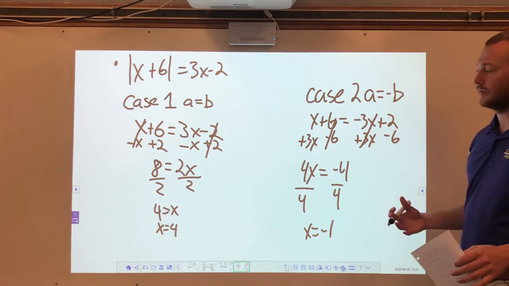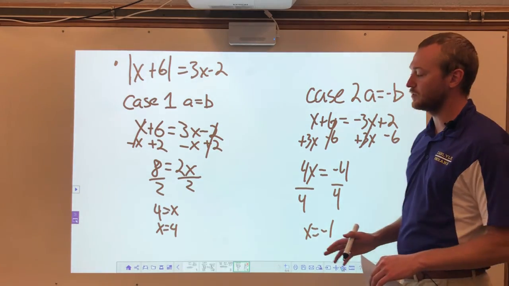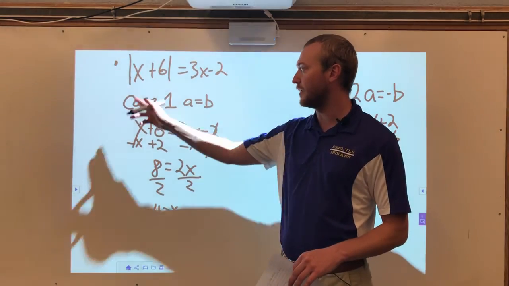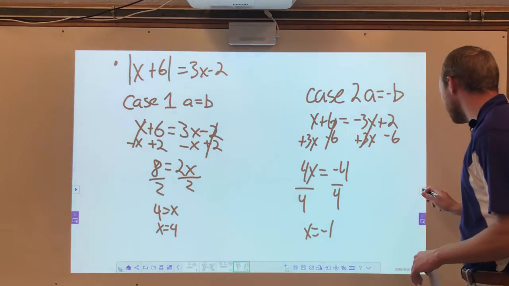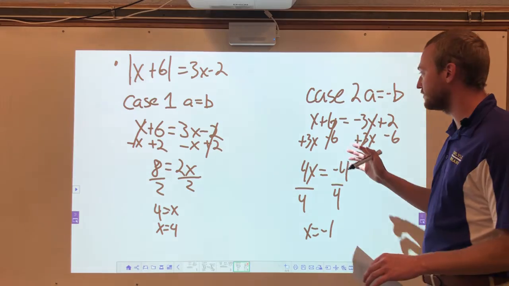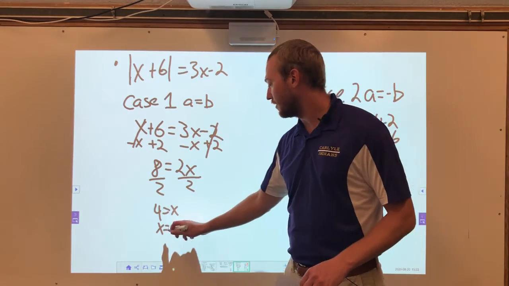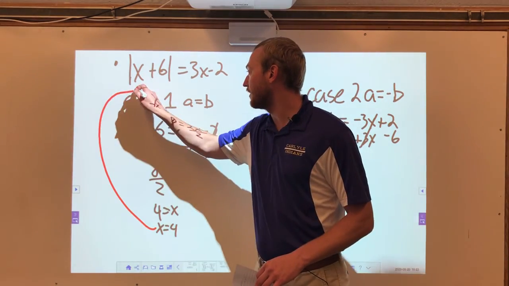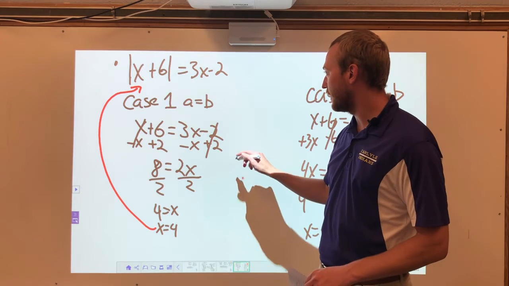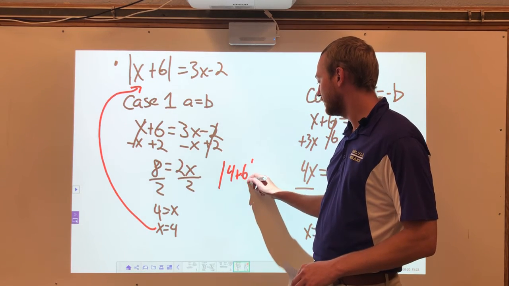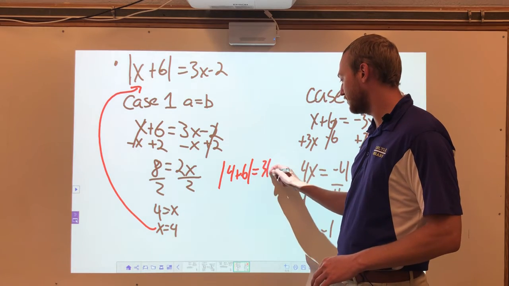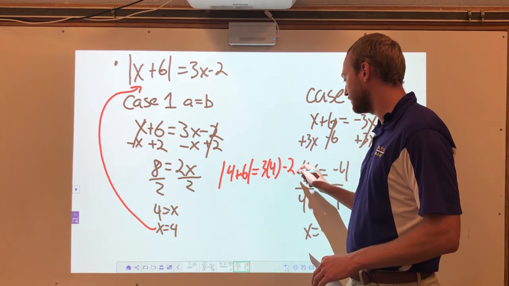Okay, again, let's check our answers. So I'm going to take my x values that I got and plug them back into the original problem. I'll do that in a different color here, because I know there's a lot going on. I'm plugging it back in here. So I have absolute value of 4 plus 6 equals 3 times 4 minus 2.